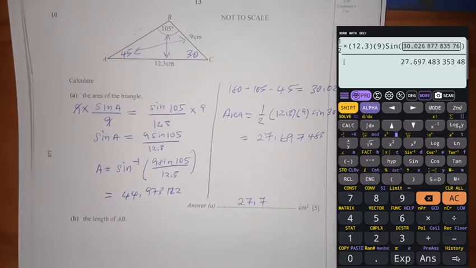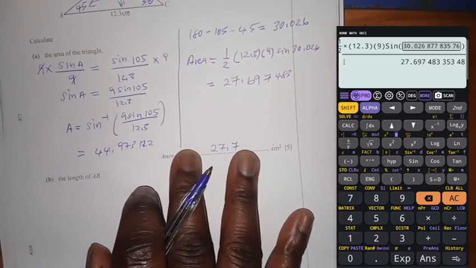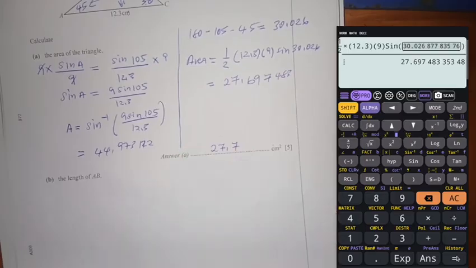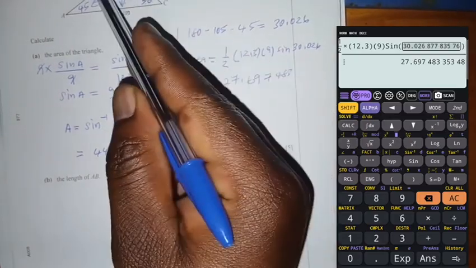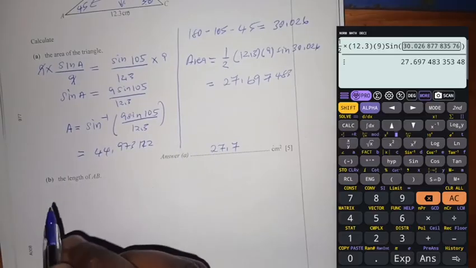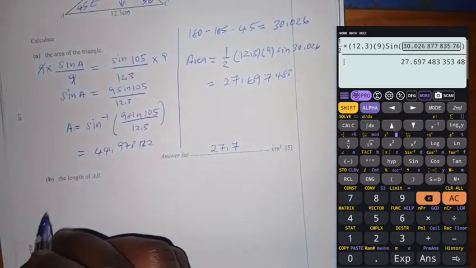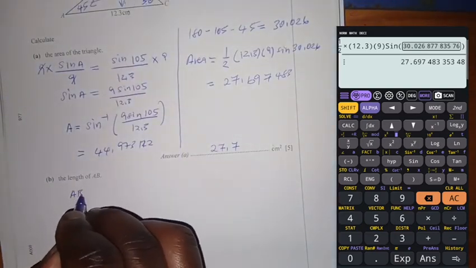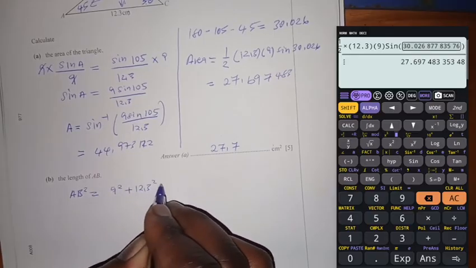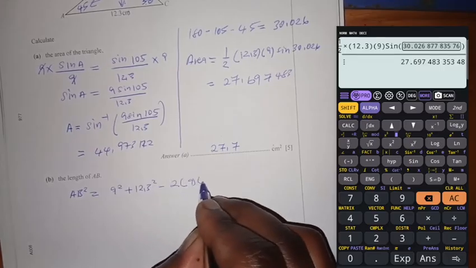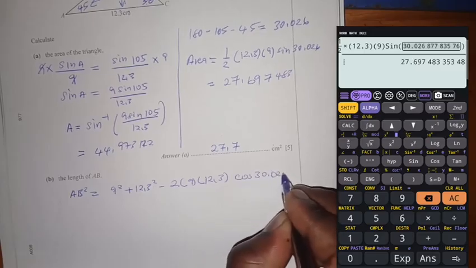The length of AB. So finding AB, still I can use the sine rule, but let me use the cosine rule just for practice. Now having two sides there and the included angle there, that is, I have an incomplete pair with the two sides. That's cosine. So AB squared is equals to the two sides 9 and 12.3, minus two times 9 times 12.3 cos 30.026.